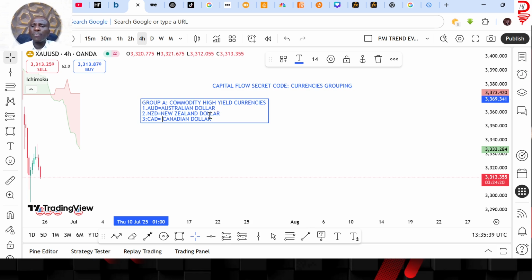Nevertheless, a lot of people just get to the chart and pick a currency to trade. If you ask them what is your reason for picking this particular currency pair, they will probably say, I saw the chart, it's giving me an indication of going up and I feel let me buy.